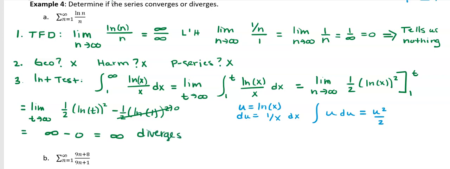Okay, so now we need to state our statement here. So since the integral converges, the series will also, or excuse me, diverges. I said converges and I mean diverges.